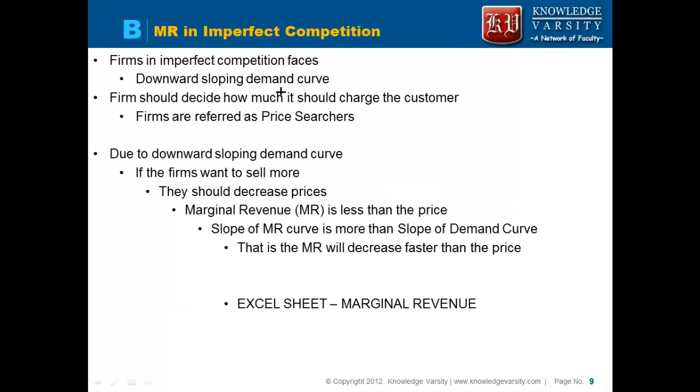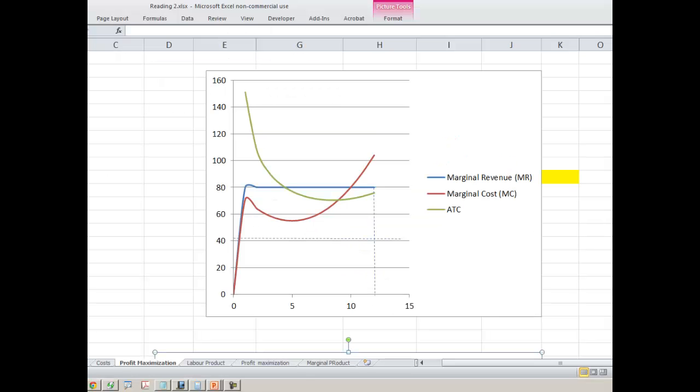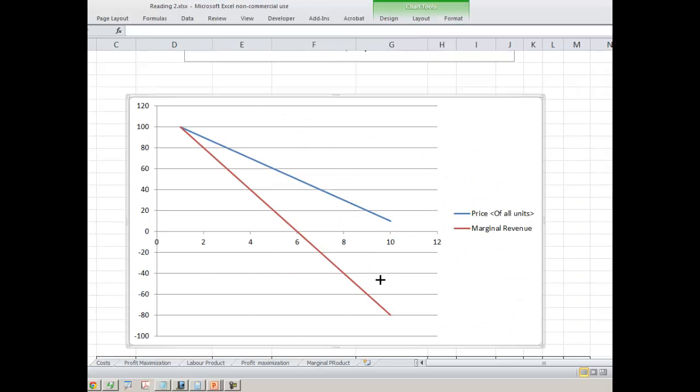In case of MR in imperfect competition, you find that the demand curve is like this. If the firm wants to sell more, it has to sell at a lower price. We saw in the Excel sheet how the marginal revenue curve was looking. This is the price and the marginal revenue is this.